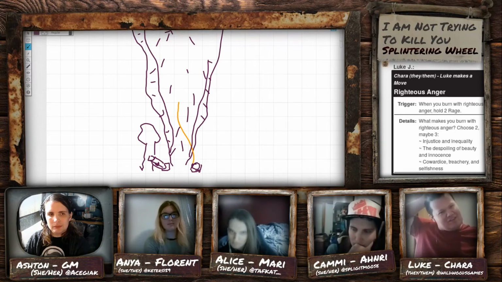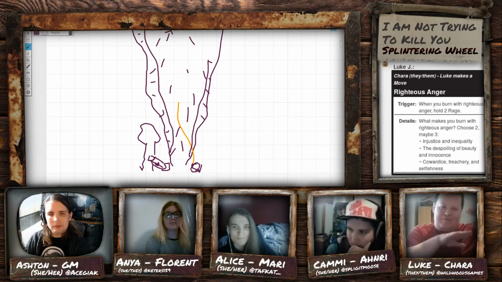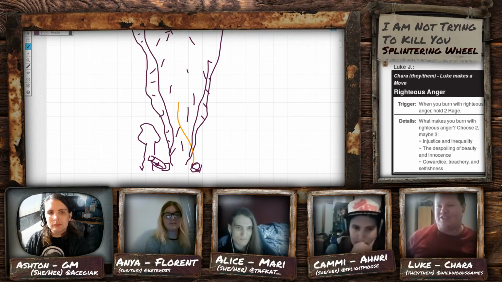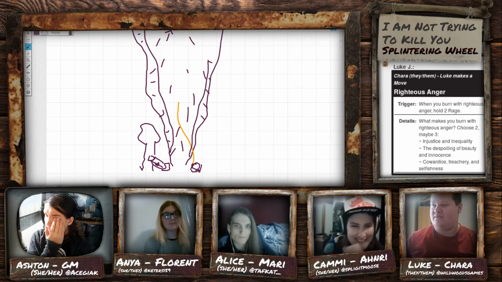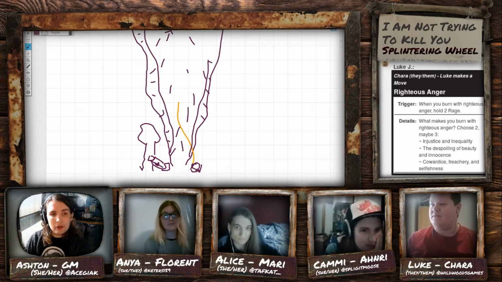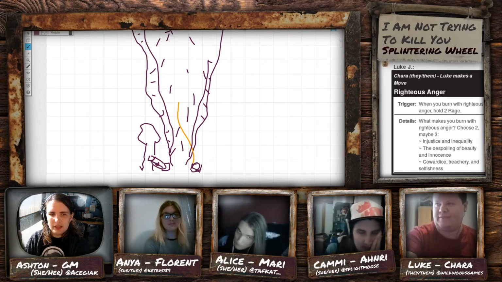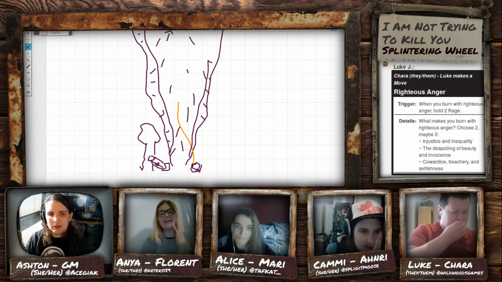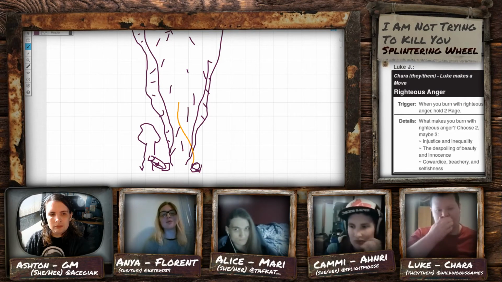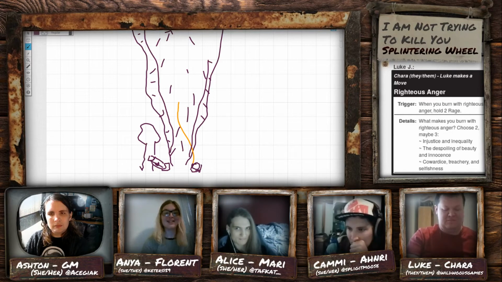And I don't weigh an awful lot, and so I'm just finding the biggest, sturdiest bits of scree and getting down on them. Yep, cool. Florent, what kind of approach are you taking? I think Florent is trying to get down as fast as possible because they don't trust that Chara isn't just going to hurt themselves.